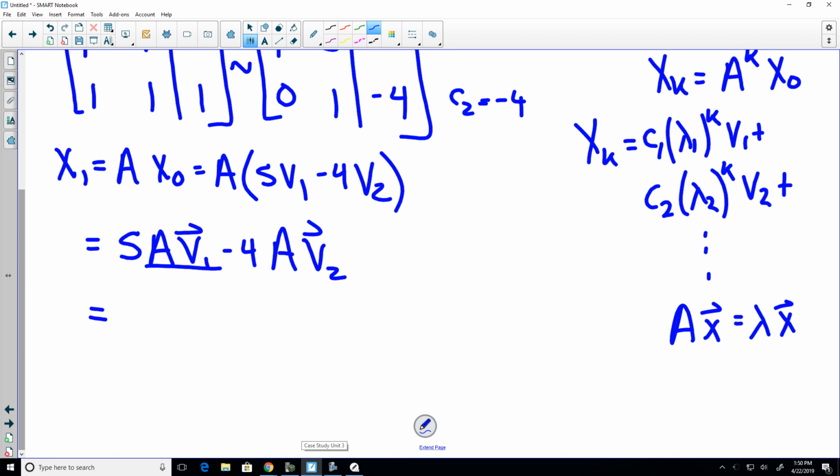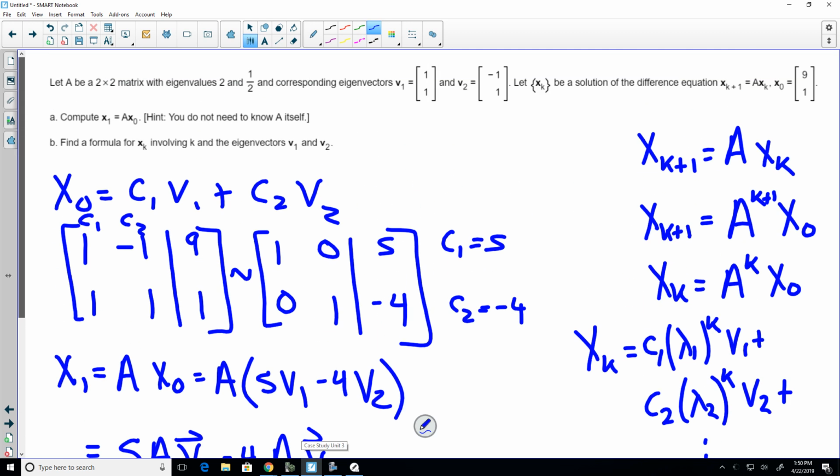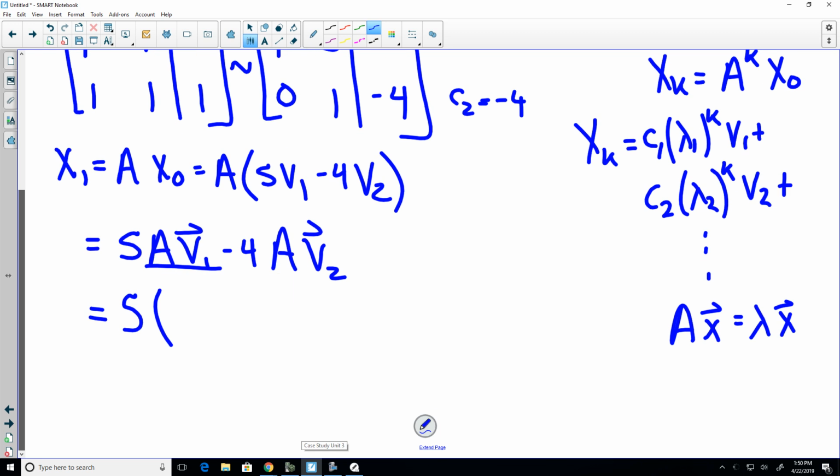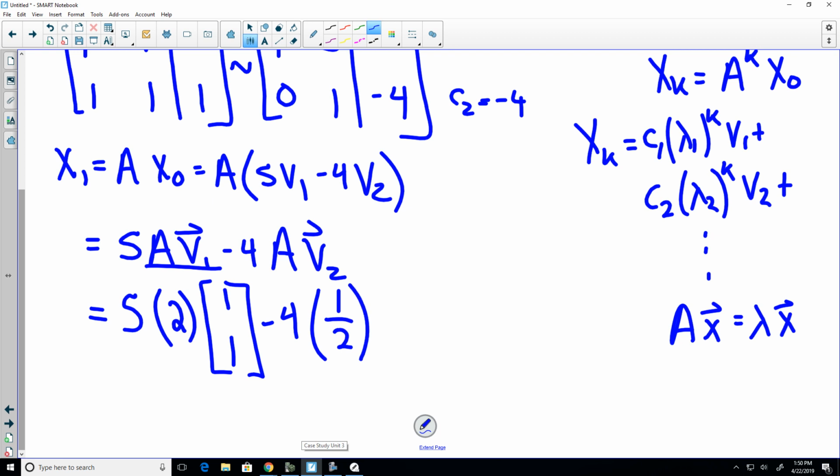Right? So now this is 5 times the eigenvalue for v1. Remember the eigenvalue? It's 2. And then v1 is 1, 1. So this is 5 times 2 times 1, 1. And this is 4 times 1/2 times negative 1, 1.